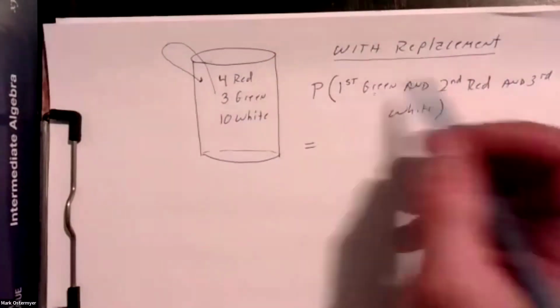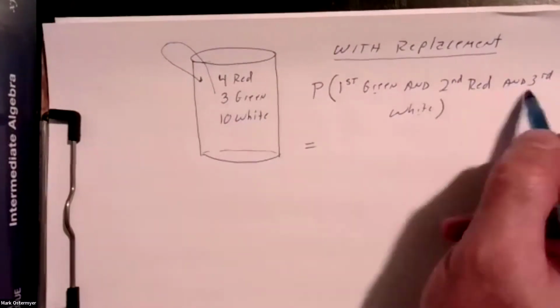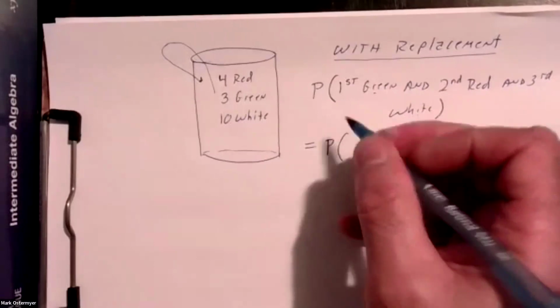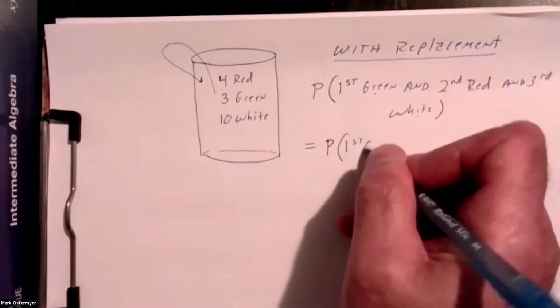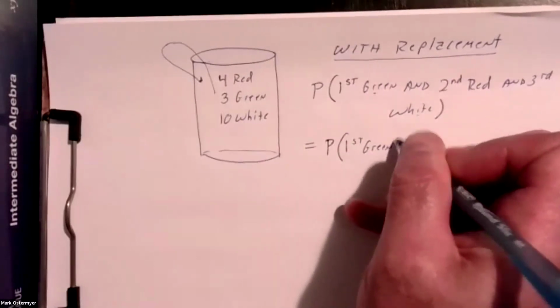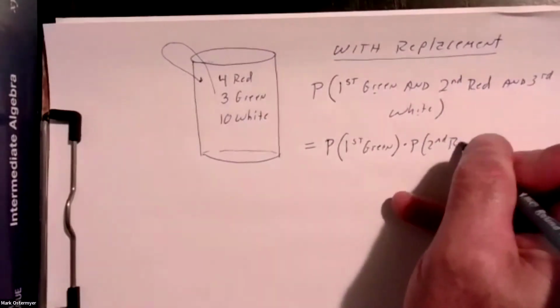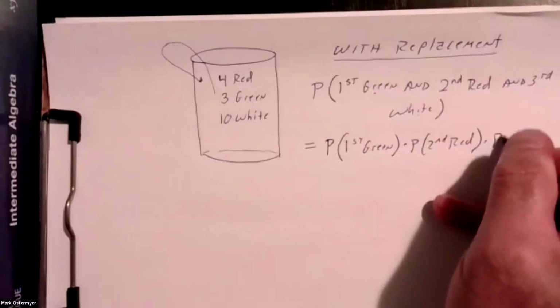So therefore, these events or trials are independent of one another. Being the case, this probability is going to be computed by multiplying these individual probabilities together. The probability that the first selection is green, second selection is red, third selection is white.